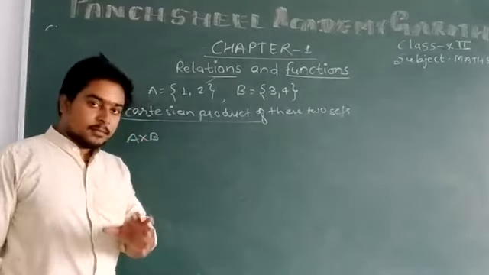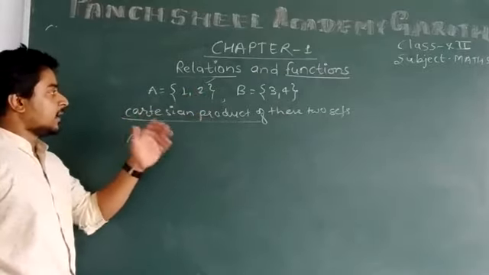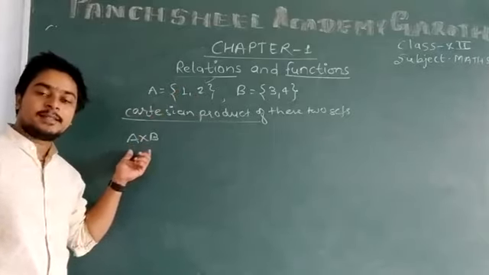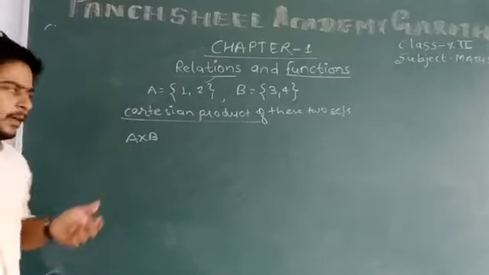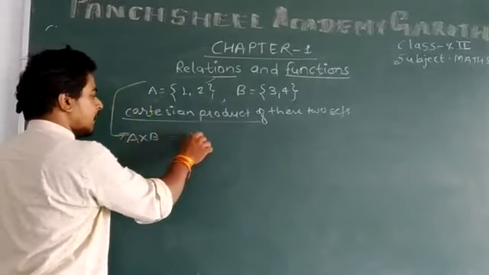The Cartesian product of these two sets is represented by A cross B. A cross B means nothing but the multiplication of A and B.